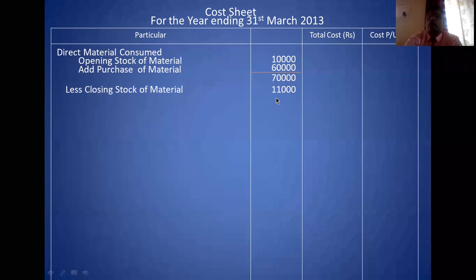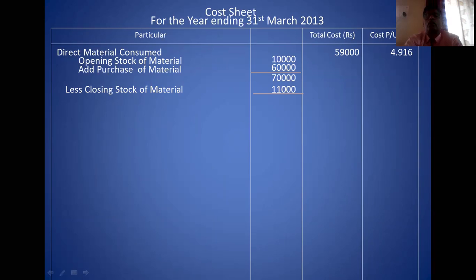You deduct this. Balance is 59,000. 59,000 is the total cost. Units produced is 12,000, given in the problem. You divide by 12,000, then you will get cost per unit of material.